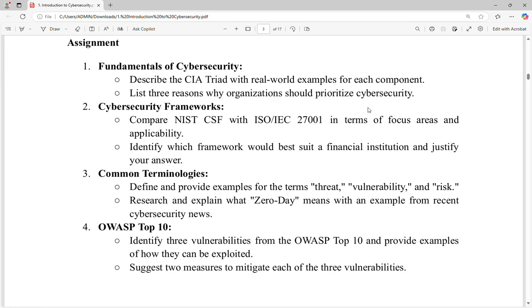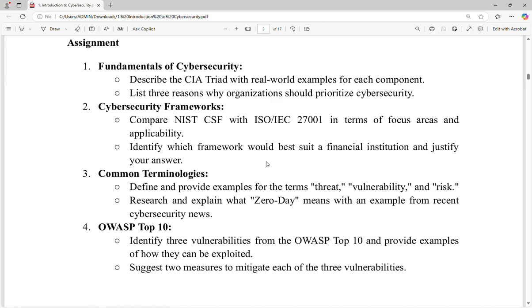And for common technologies, define and provide examples of the terms threat, vulnerability, and risk based on your knowledge. Also research and explain what zero-day means with an example from recent cybersecurity news.